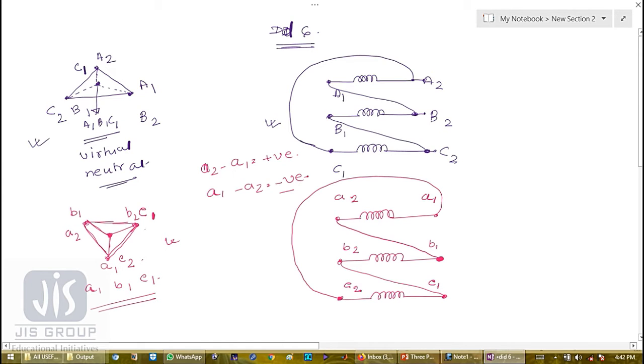Okay, and the terminals are brought out from A1, B1 and C1. So 1 dash is my voltage phasor diagram, and 2 dash is my winding connection diagram for the Dd6 vector group. Okay, so this is the group 2 vector diagram.